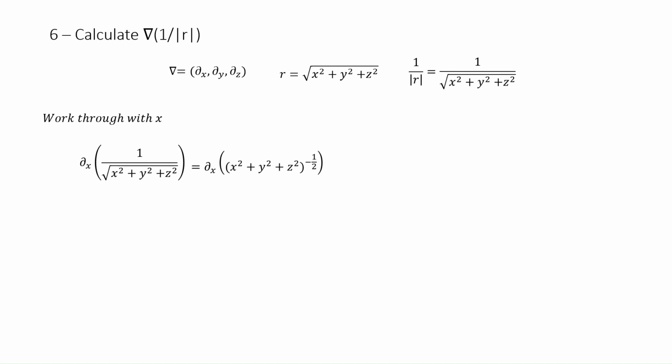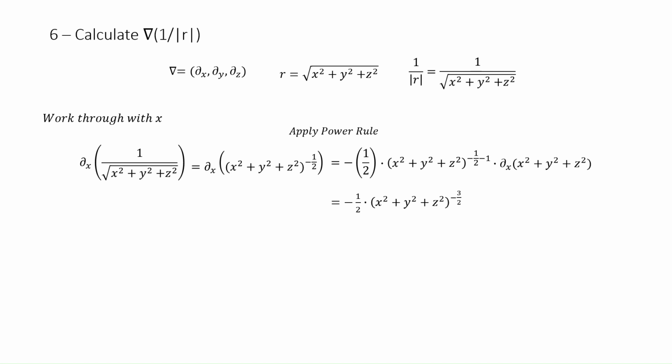Now in this form it's much easier for us to use, as we can apply the power rule. So our minus 1/2 comes out the front, and we take 1 away from the power, and then we times the whole expression by the derivative of the function on the inside. Now our front term can simplify slightly to become minus 3 over 2, and the back end, each component gets derived by x.